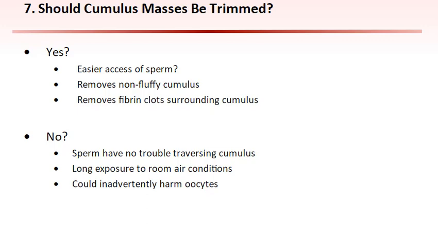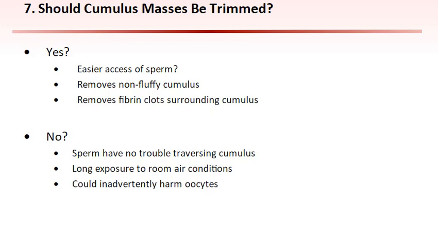One could speculate that reducing the amount of cumulus oophorus by trimming could provide easier access for sperm. It could remove non-granulosa cell tissues that may adhere to the cumulus from the culture. Further, trimming the cumulus may remove or disturb fibrin clots from the surface of the cumulus that are both difficult to see and might interfere with sperm access to the oocyte.